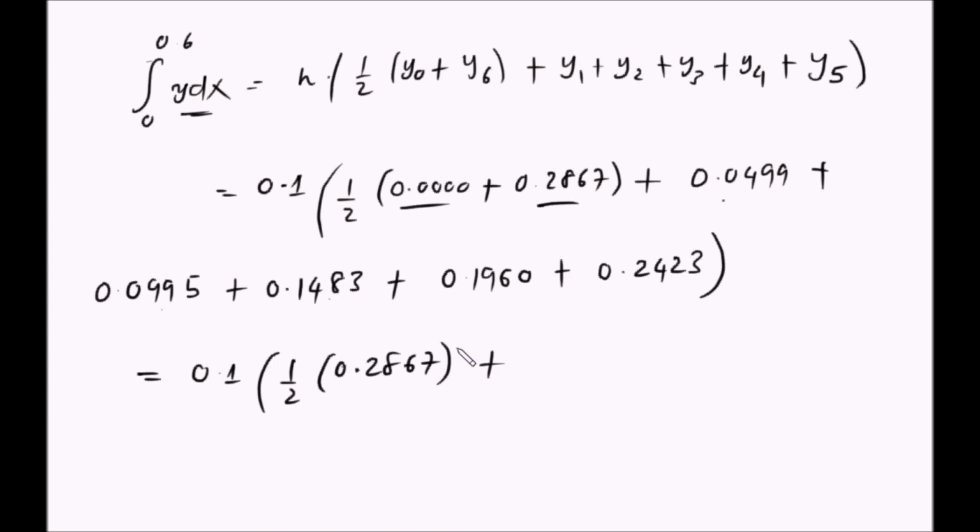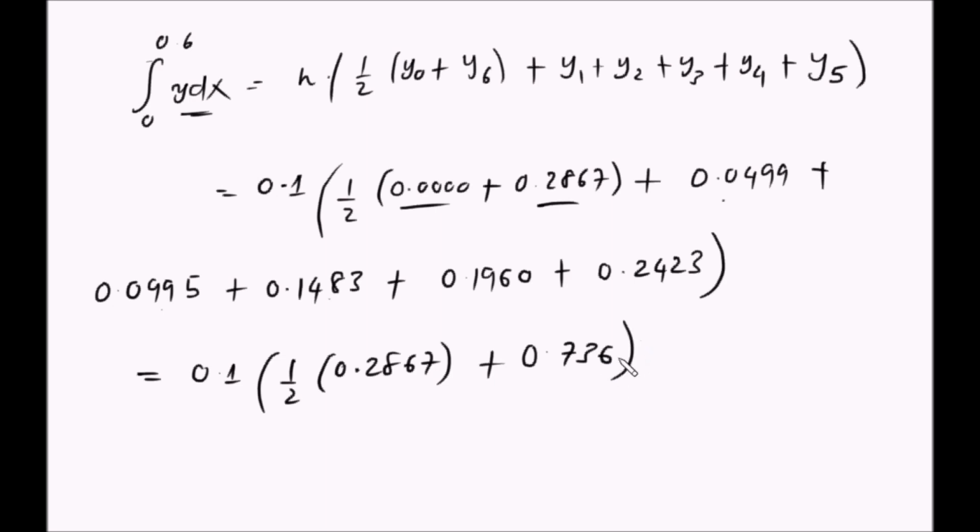So I have a calculator today here in my arm. So nitachukua 0.0499 jumlisha 0.0995 jumlisha 0.1483 jumlisha 0.1960 jumlisha 0.2423. Kwa hiyo itakuwa ni 0.736.